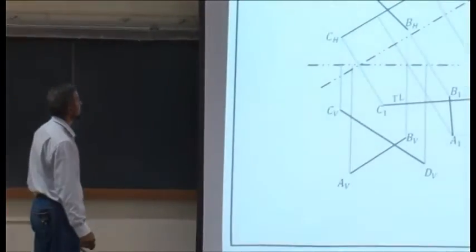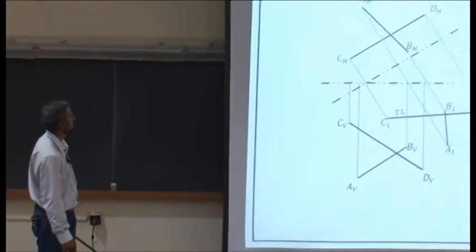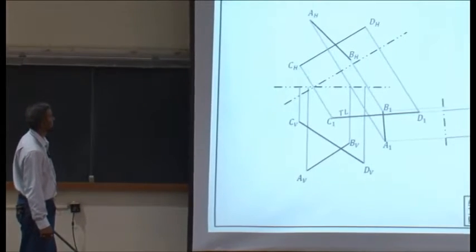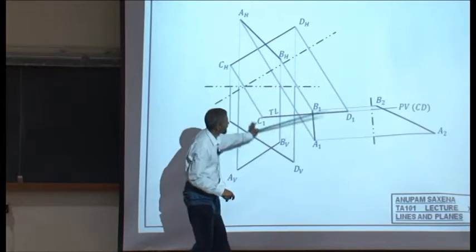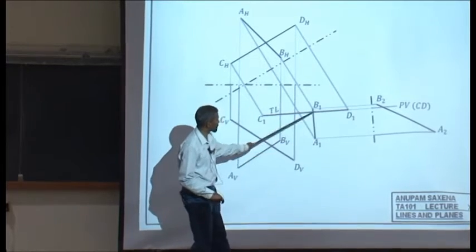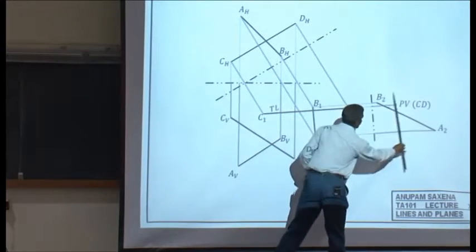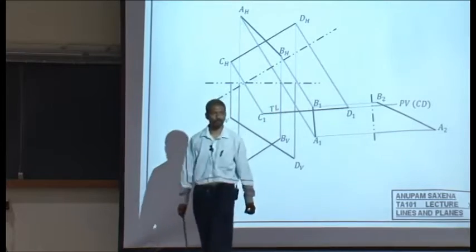Horizontal plane. Take that distance, transfer it there. Take that distance, transfer it there. This is your A2 B2. Auxiliary plane 1, and therefore the subscript 1. Auxiliary plane 2, and therefore subscript 2.